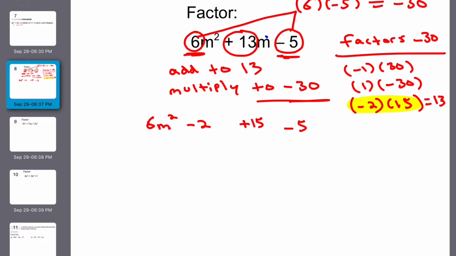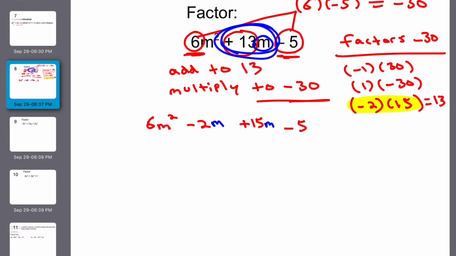The variable is m, so we add an m to each of those. The reason is that we're rewriting this 13m as a -2m and a 15m. We're breaking it up, so it's still an m. So that was step one: find the two numbers and fill it in, and we're not quite done yet.